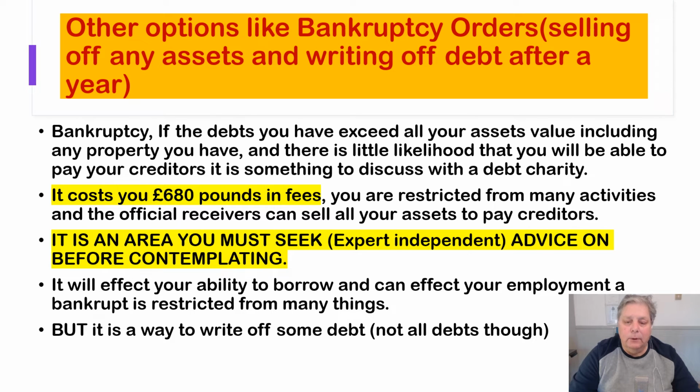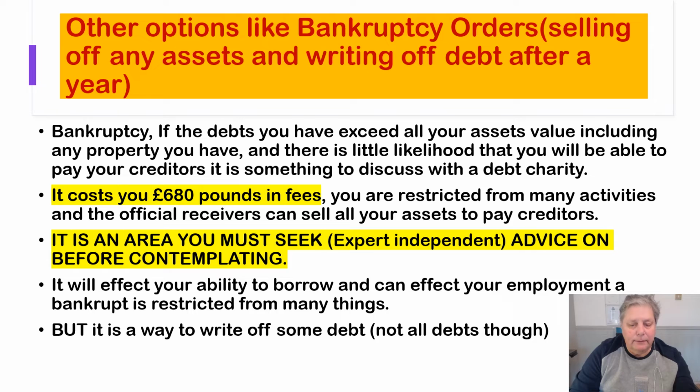Now we're going to explore other options that you may want to consider. For example, options like bankruptcy orders. That involves selling off any assets you've got, writing off the debt after you've been registered bankrupt after a year. Now, some drawbacks with bankruptcy.